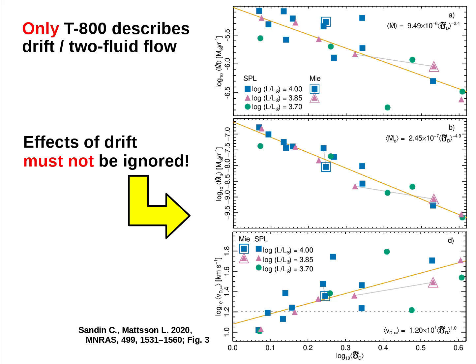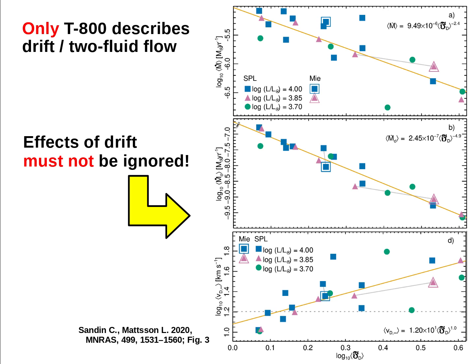Our recent paper shows that drift velocities are significant and that the outcome is strongly dependent on drift. And this is in comparison to earlier results where drift velocities are always very small. And you see that in this middle panel here, which shows the dust mass loss rate as a function of the drift factor, which is the dust velocity divided by the gas velocity.